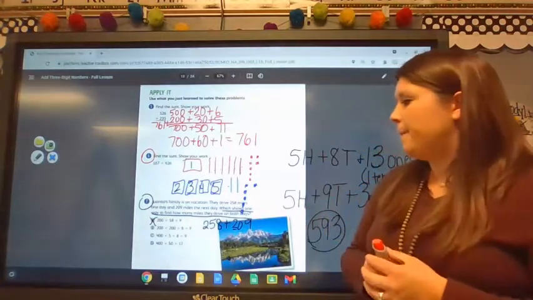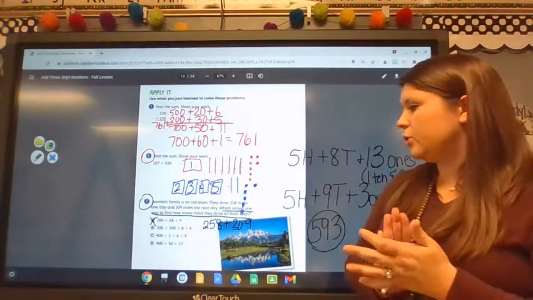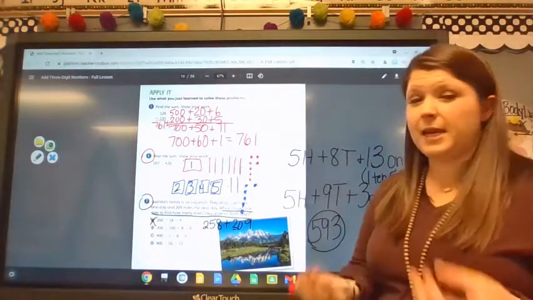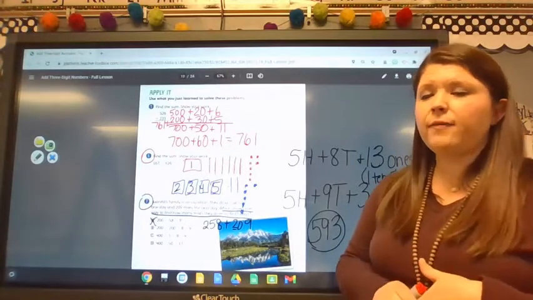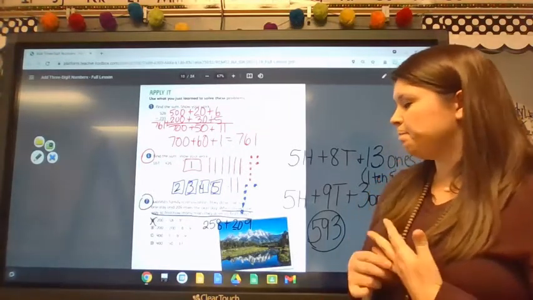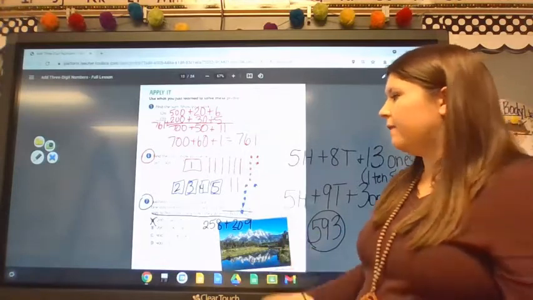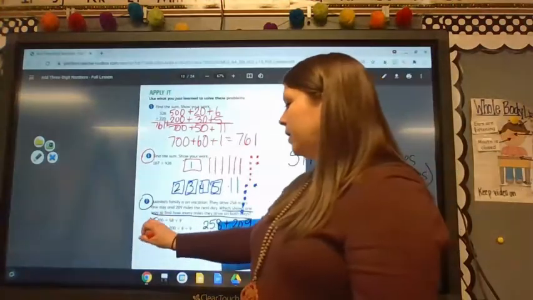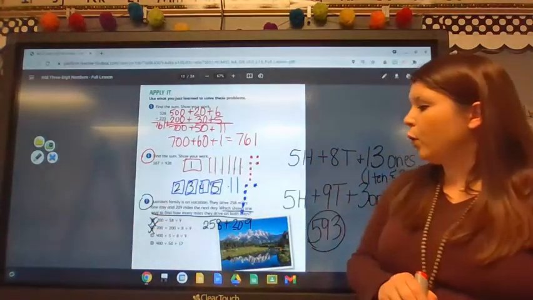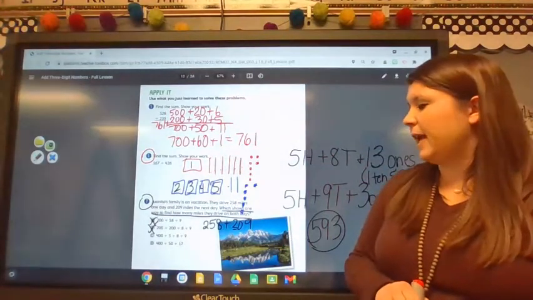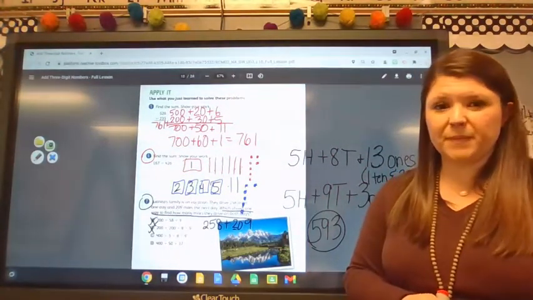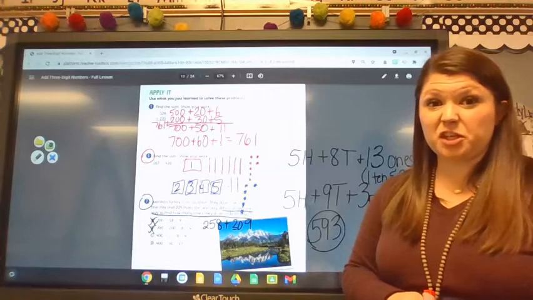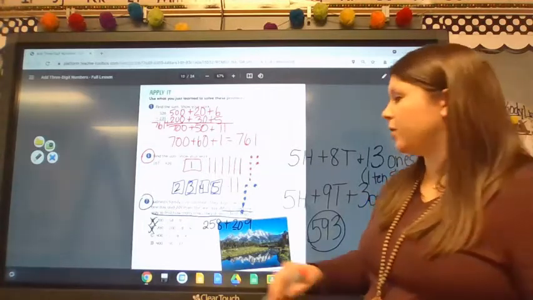Okay? B, 200 plus 200 plus 8 plus 9. They're forgetting to add something here. What are they forgetting to add in B? The 5 tens here. So that's not enough. 400 plus 5 plus 8 plus 9. They just used that digit 5 instead of the value, didn't they?